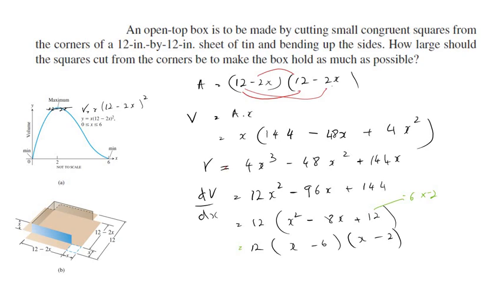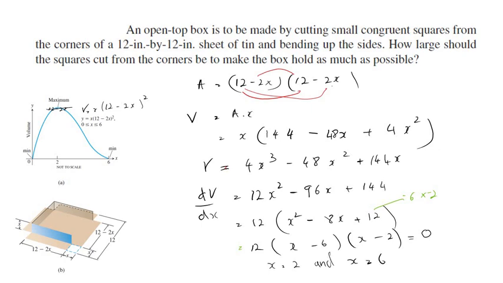That is what you get when you factorize this. So this becomes 0 when x is equal to 2 and x is equal to 6.